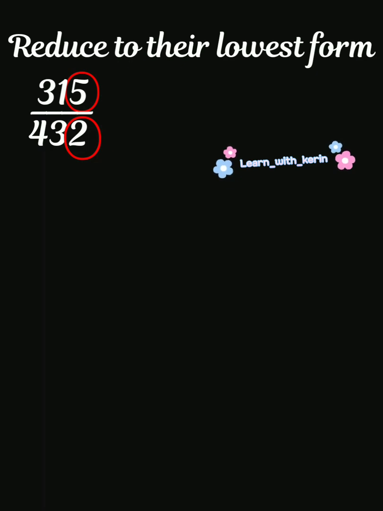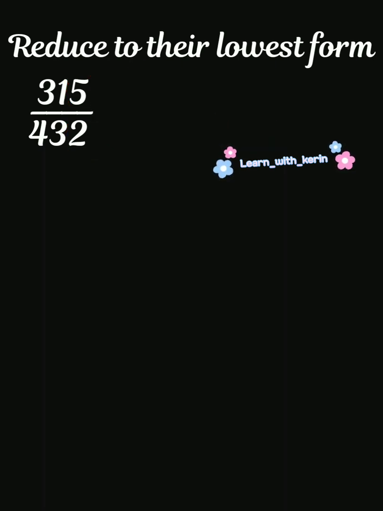Children, here the last digits both are not the same. One is even and one is odd. In such cases, the numbers would be divisible by 3, 7 and 9. Let us divide the given numbers by 3, children.